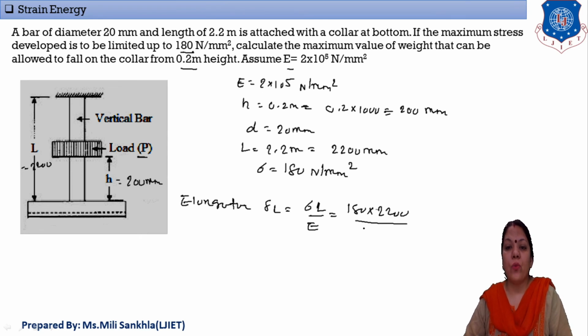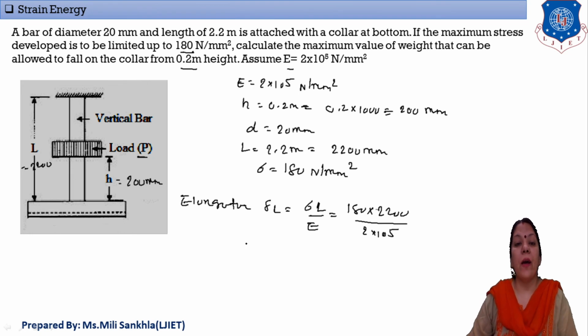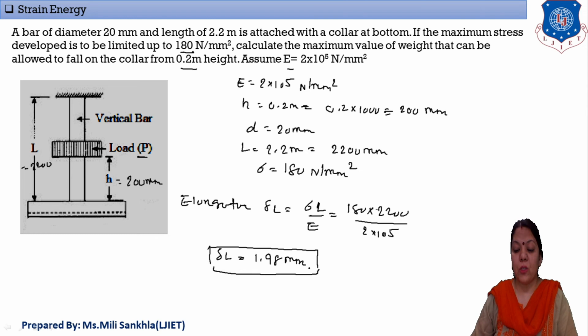E is equal to 2 into 10 raised to 5, and after solving this my delta L is equal to 1.98 mm.